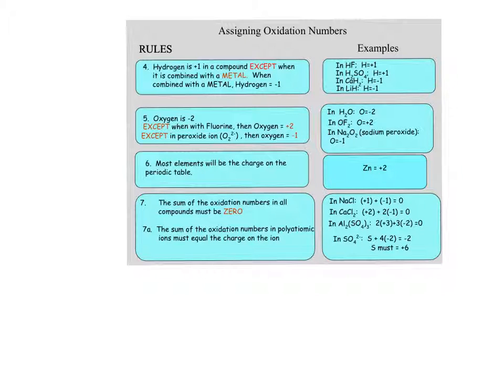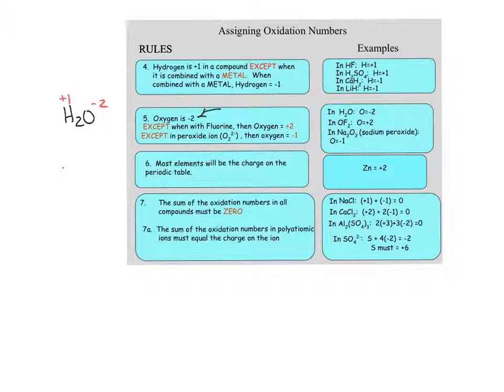Alright, rule 5, oxygen is going to almost always be a -2. Most of the time we're going to see oxygen being -2, so if I write H2O, oxygen is going to be -2. We know hydrogen is almost always a +1, and so we have H2O.